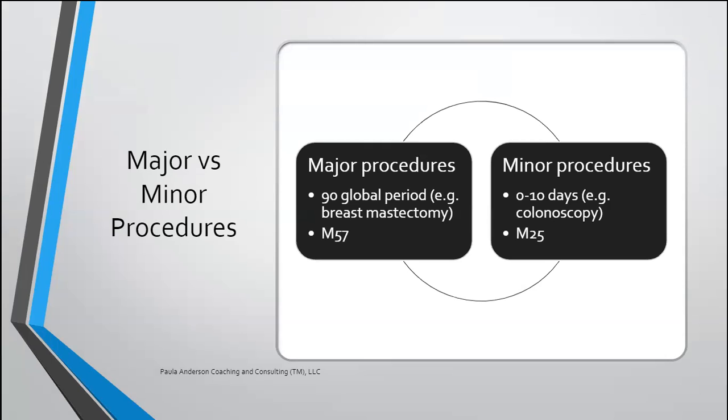So minor is for 0 to 10 days. So you have an example here of a colonoscopy. Now I have these two modifiers listed on the slides because one is related to a major procedure being performed, and then the other one is related to a minor procedure being performed. And I have a separate lesson that talks about the modifiers. So we're not going to go too much in detail with that.